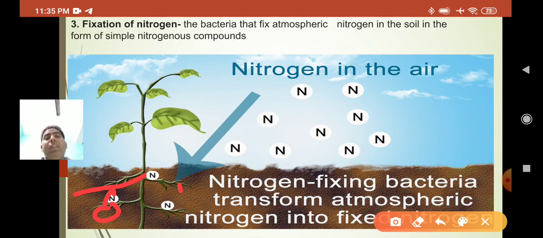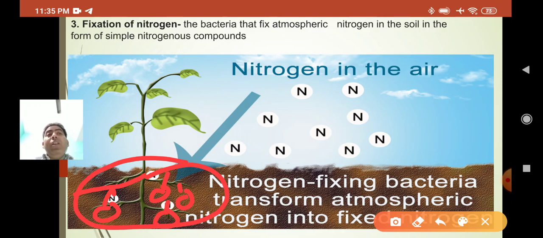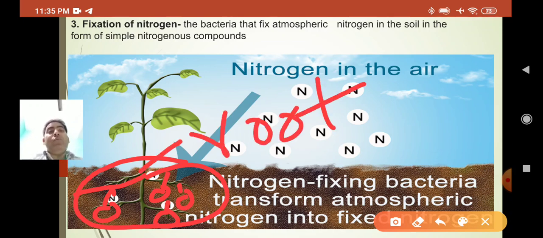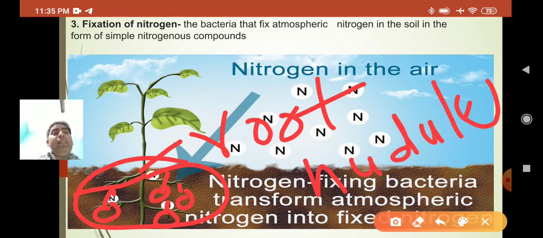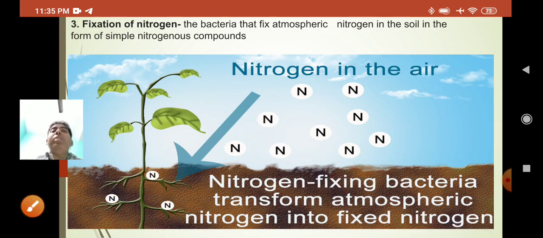Only in the pea, beans, groundnuts, moong and urad, these small swellings in the root are called root nodules. R-O-O-T, root, N-O-D-U-L-E-S, nodules.